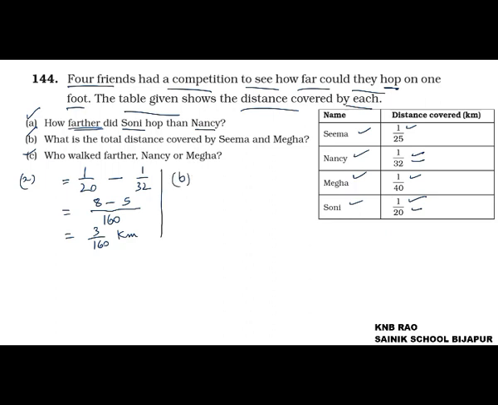Now sub question B. What is the total distance covered by Seema and Megha? Seema is hopping 1/25 kilometer added to Megha hopping 1/40 kilometer. So total we have to find. Again, the LCM of 25 and 40 is 200. 25 in 200 is 8 times added to 40 in 200 is 5 times.